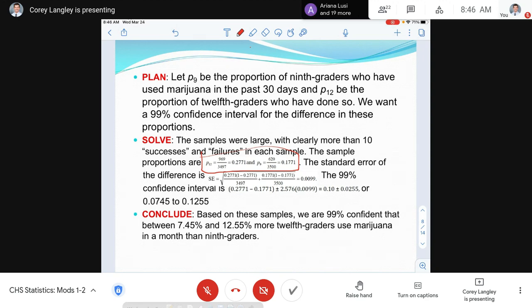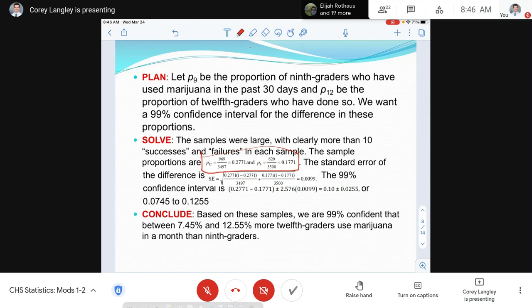We want to know if that difference of 10% is significant across these two samples to say that there really is a difference, or this is how much it grows from the ninth grade year to the 12th grade year. So for our confidence interval, we see the standard error calculation in the center there, substituting those values in. I'll show you the technology in a moment.